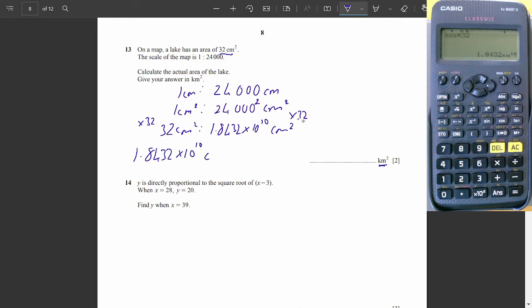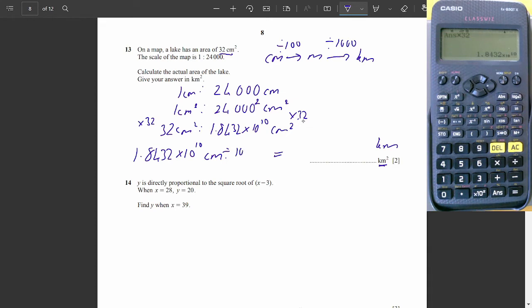Now again, if this was centimeters and we wanted to change it to kilometers, we would have had to divide this by what? Let's think quickly. To change from centimeters to meters, we need to divide by 100. And to go from meters to kilometers, we need to divide by 1,000.